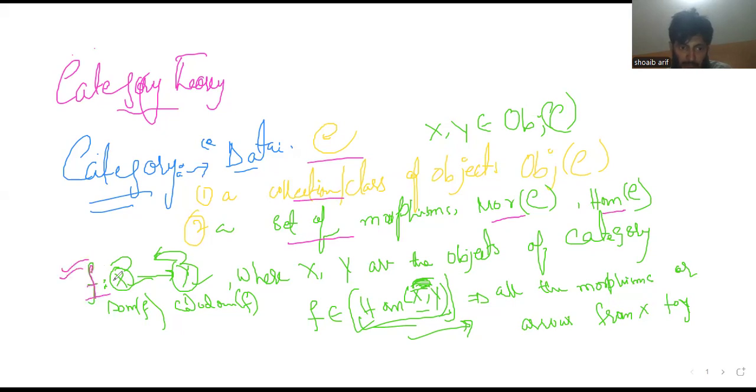F is a morphism, let's say F is a morphism from X to Y, where X and Y are the objects of the category, and F belongs to Hom of X comma Y. What is the definition of Hom of X comma Y? Hom of X comma Y means all the morphisms from X to Y belong to this set. This is the set of morphisms from X to Y.